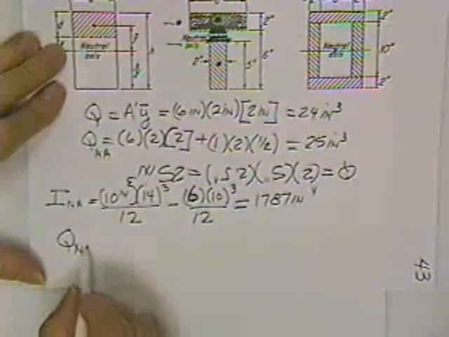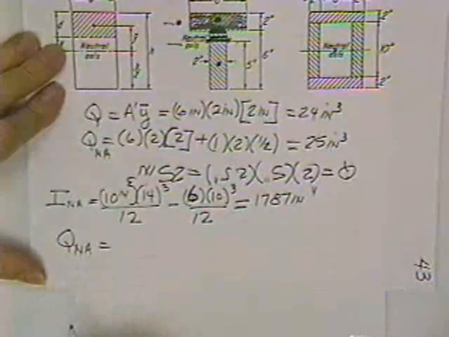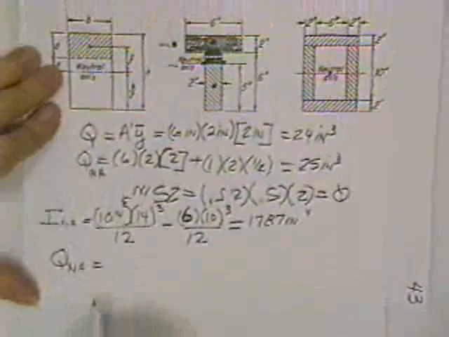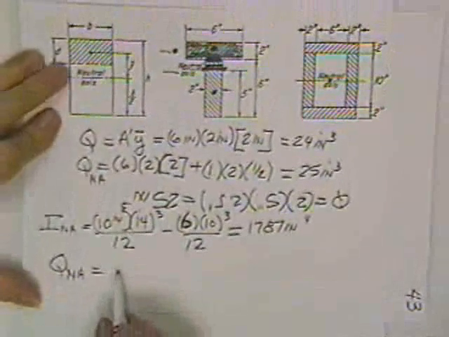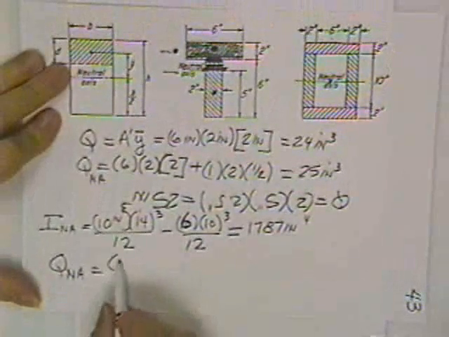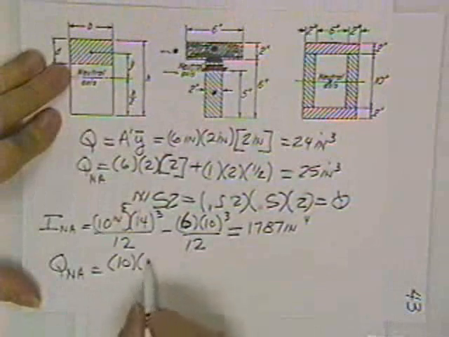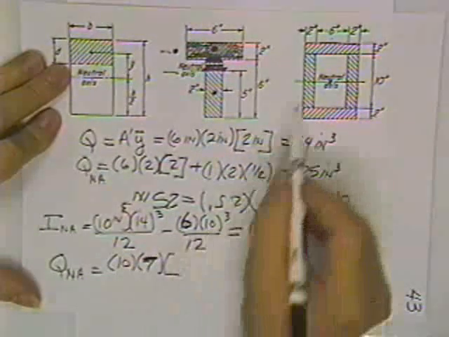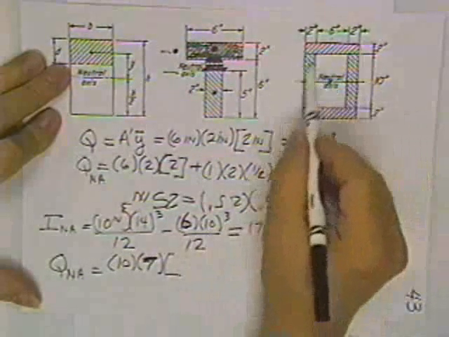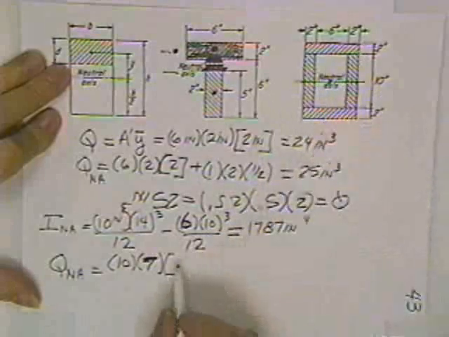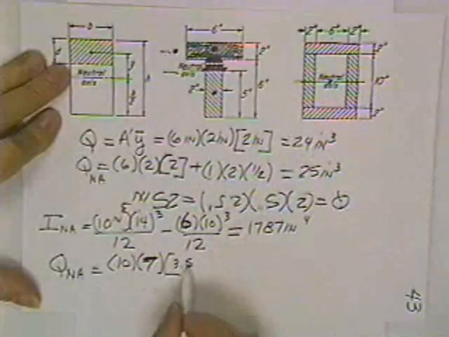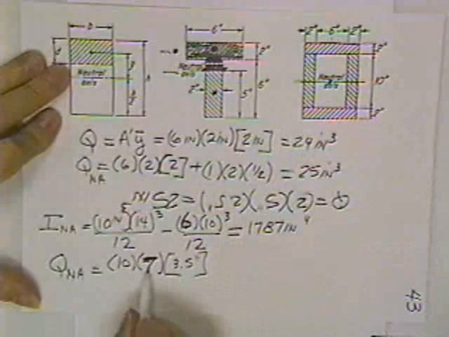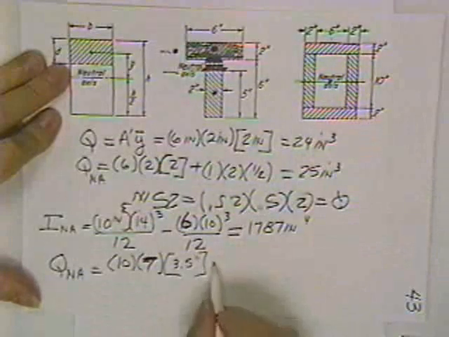Here is Q for the neutral axis. Q for the neutral axis is equal to 10 wide, 5, 6, 7 deep. That's this piece right here. 10 wide by 7 deep times 3.5. That's halfway up the 7.